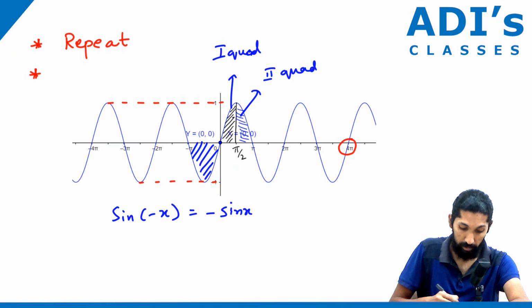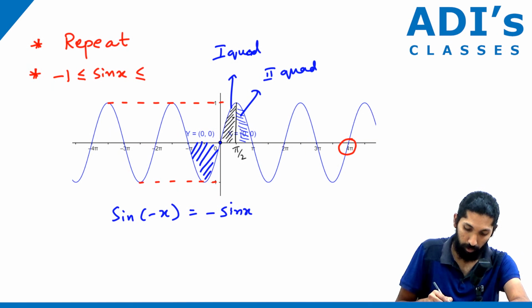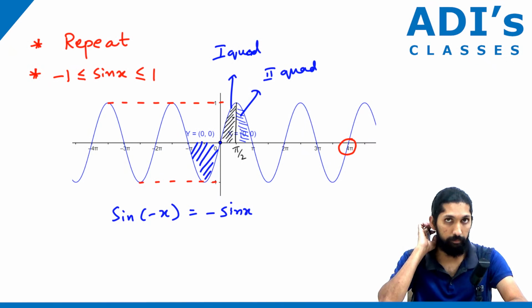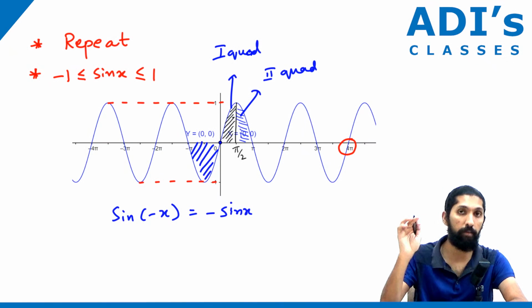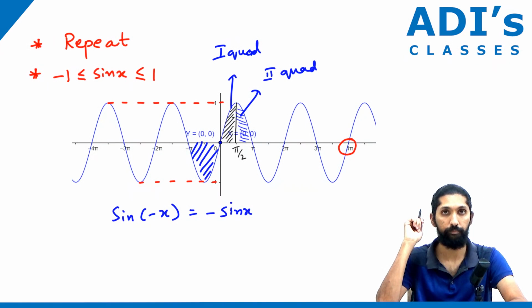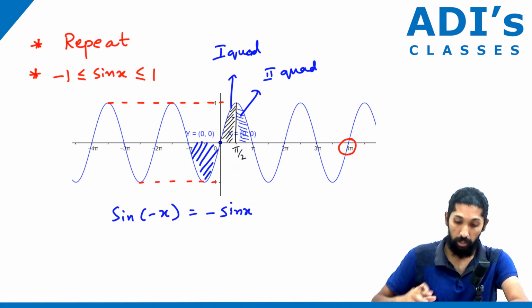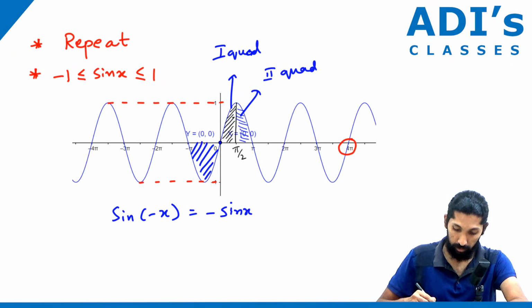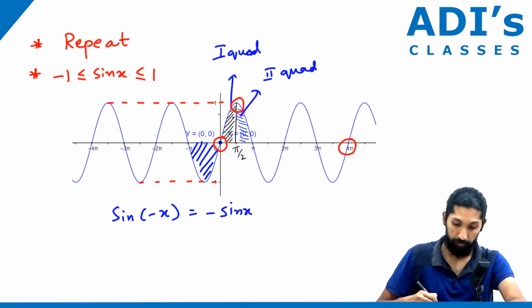So -1 is less than or equal to sine x, which is less than or equal to 1. The value is always between -1 and +1. This is another very, very important point for the sine curve. Clear? Now that you have seen a sine curve, I want you to look at this part of the sine curve.